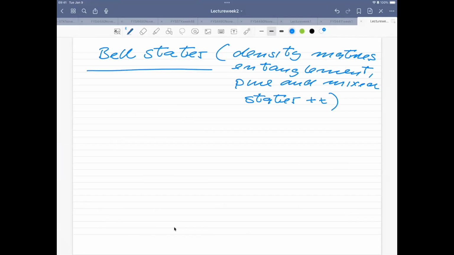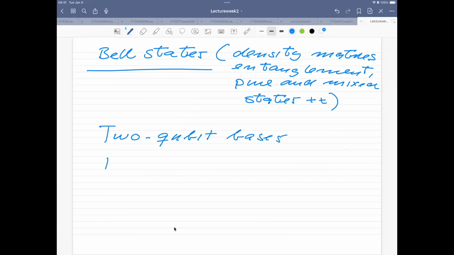So what are these Bell states? Now, these Bell states are states which are based on a 2-qubit basis, which we discussed in the beginning of this lecture. This is an orthogonal basis, and it's a complete 2-qubit basis, which we could use to make a computational basis.